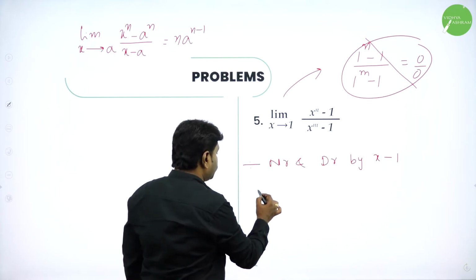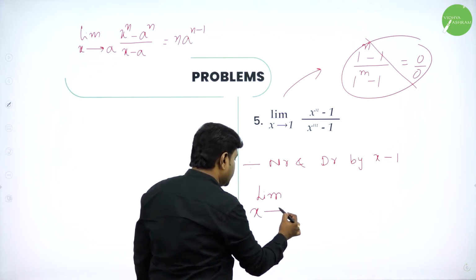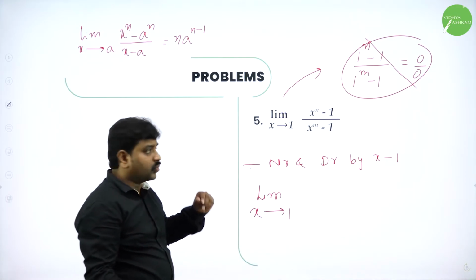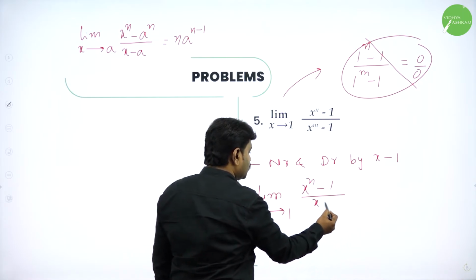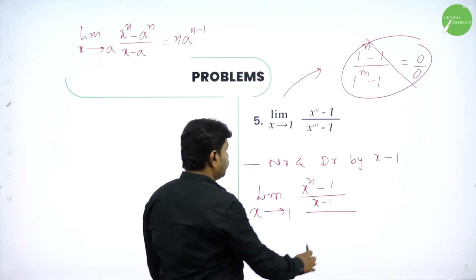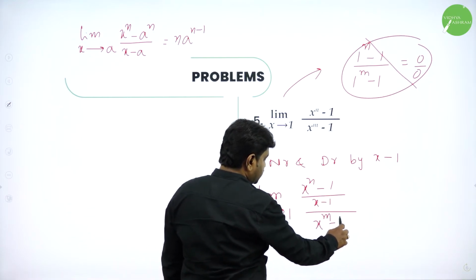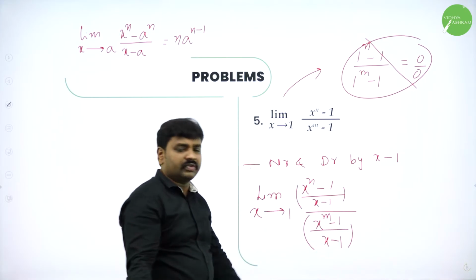If you do that, limit x tends to 1, x power n minus 1 divided by x minus 1, divided by, in the denominator, x power m minus 1 by x minus 1. Now we have two functions, one in the numerator and one in the denominator.